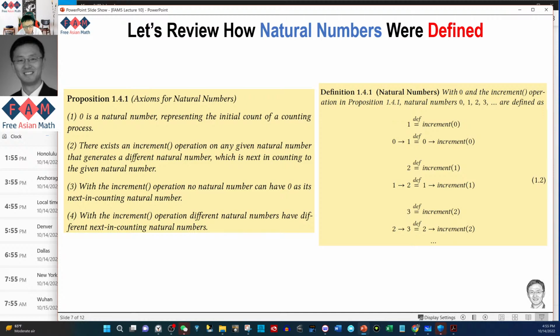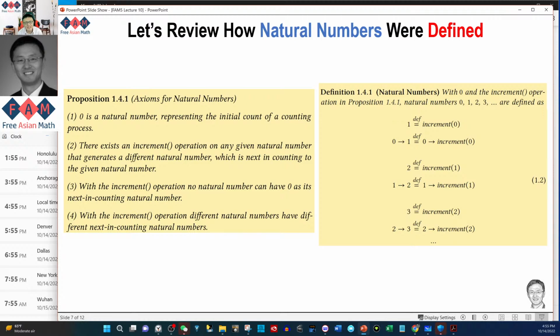Whenever we run this increment operation on a given natural number, we get a new natural number, which is the next in counting to the current natural number.